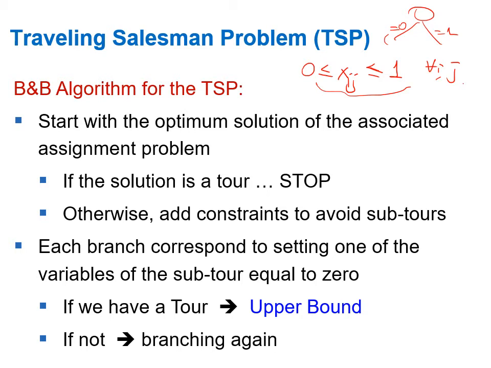Those are the more complicating constraints. When we don't include the subtour elimination constraints, the resulting formulation is the assignment problem, and the assignment problem is easy to solve.